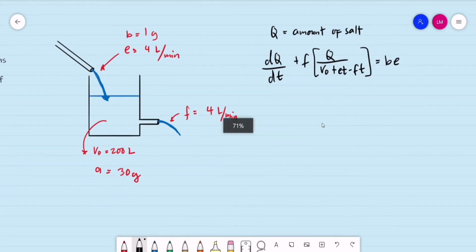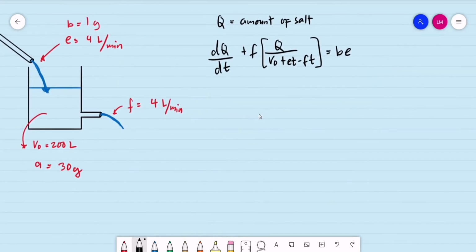So we may substitute this given to our initial equation.